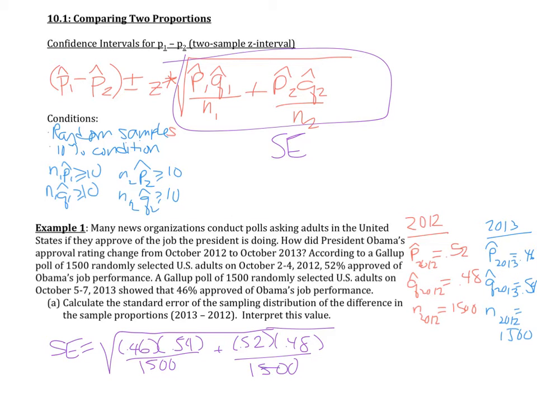I would recommend that you work this out on your own calculator just to make sure you're not making any mistakes. I get a lot of students that have parenthesis issues. You should end up getting 0.0182 or 0.018. So just double check that.